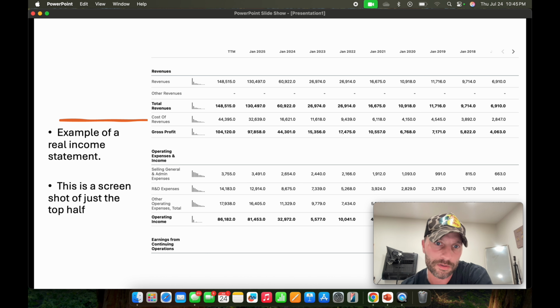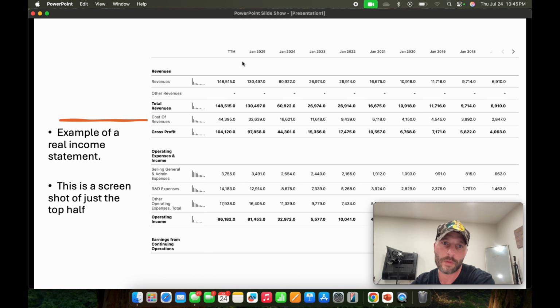This one here happens to be NVIDIA. But this is what it's really going to look like, okay, guys? And depending on who you're getting the income statement through, it might look slightly different, but it ain't going to look much different. Now, TTM, remember, guys, that stands for trailing 12 months, so within the last 12 months.